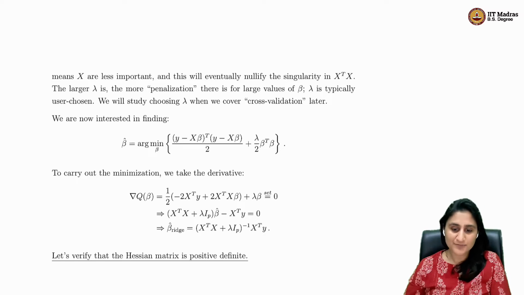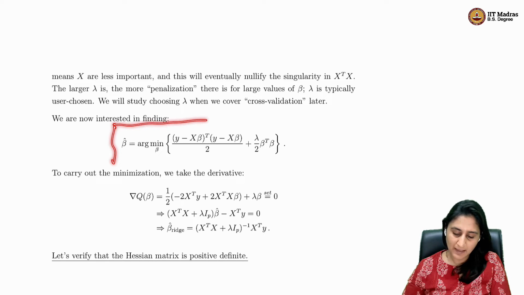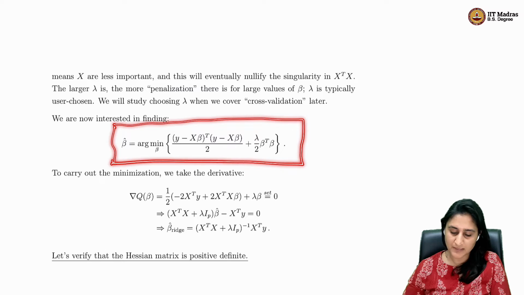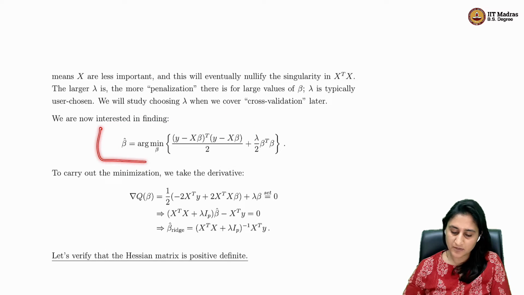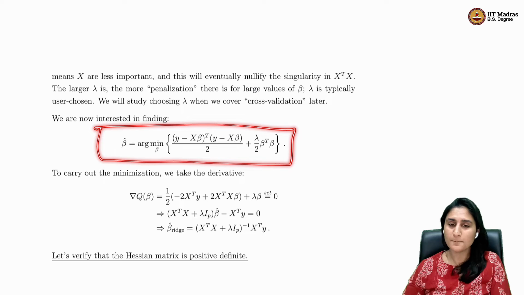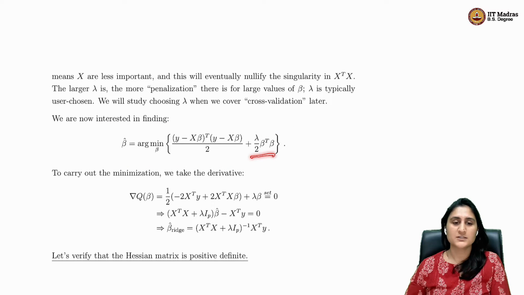Okay, so now our objective is to find beta hat, which is the argument that minimizes y minus x beta transpose y minus x beta by 2 plus lambda by 2 beta transpose beta. Okay, now we'll carry out the minimization as before, but by taking the derivative.